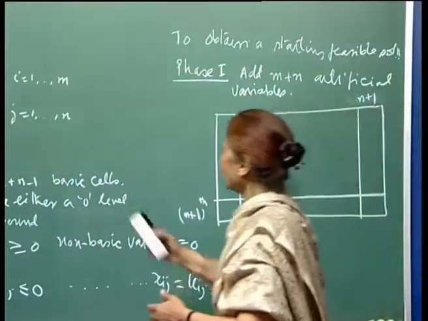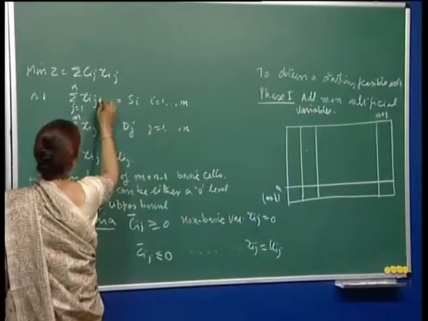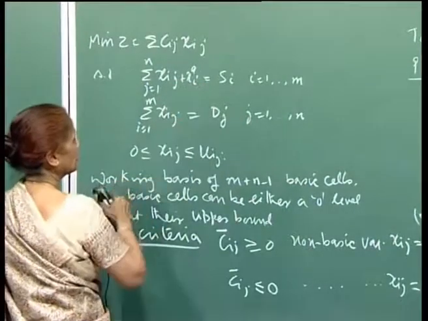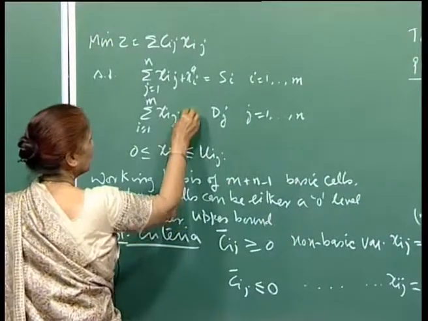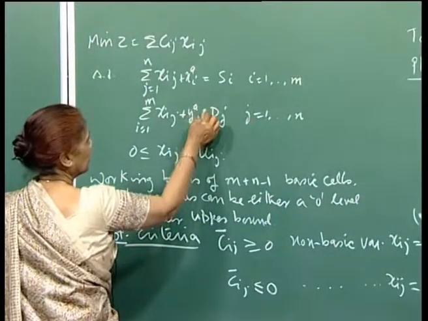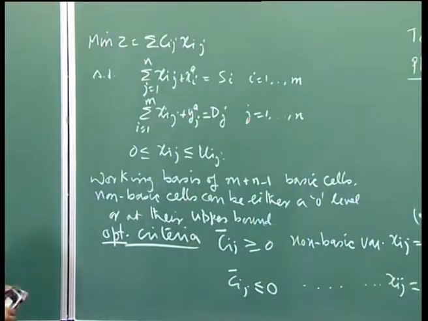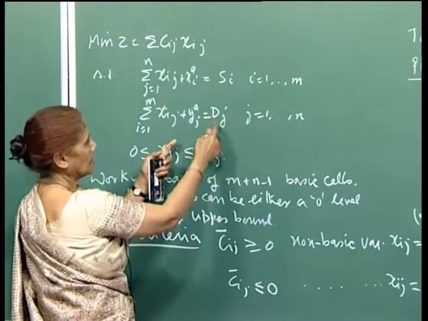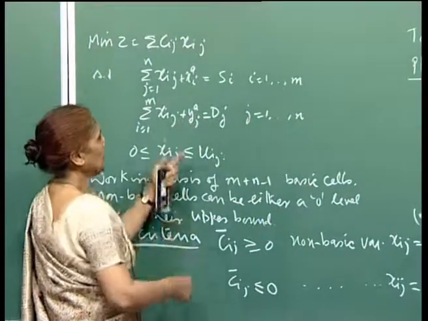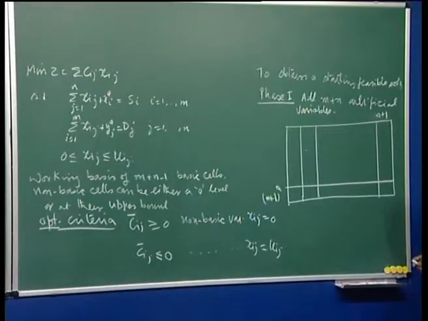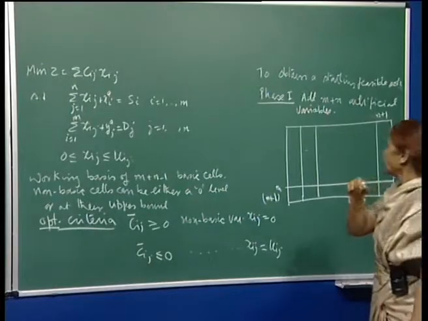The constraints here will have an artificial variable xai added for each supply constraint, and for each destination or market constraint you have added an artificial variable yja. So, what would be your phase 1 objective function?